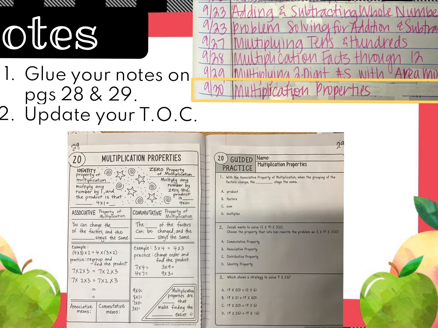Okay, so you should hopefully already have your notes glued in on pages 28 and 29 in your journal. The notes page is actually on the left on page 28, and your practice should be on page 29 on the right hand side. Please make sure that you are focused, you're paying attention. If I'm writing, you're writing. So you need a pencil in your hand, not an eraser.